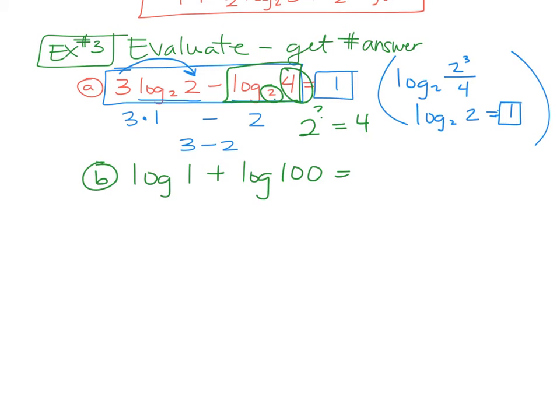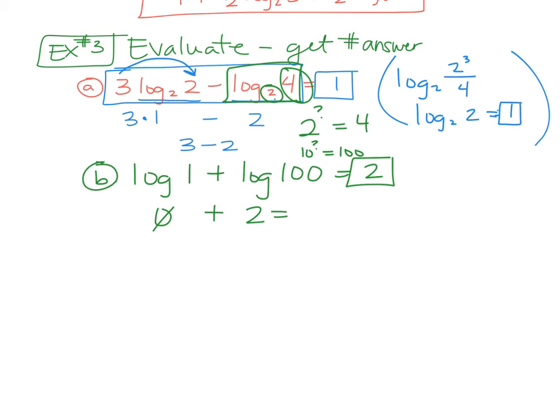Remember, log 1 is always 0. 10 to the what power equals 1? It's 0. So I would do, this is 0, plus log 100 is saying 10 to what power equals 100. So what is log 100 equal to? 2. 0 plus 2 is 2.